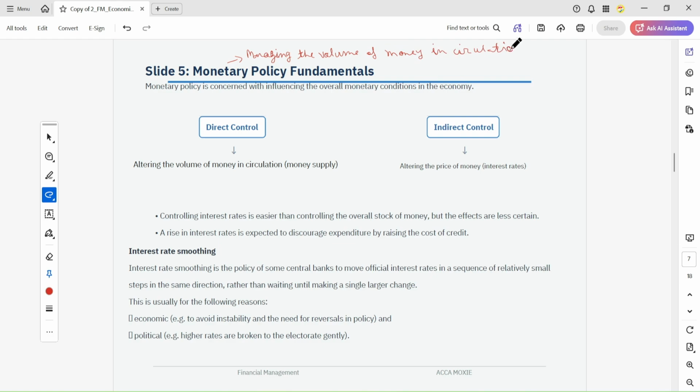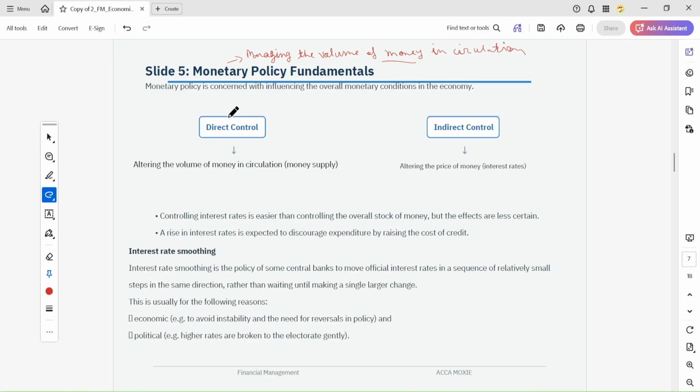So monetary policy is managing how much money is circulating in the economy. You have to manage that, and that management policy is monetary policy. Monetary policy is concerned with the overall monetary conditions in the economy.